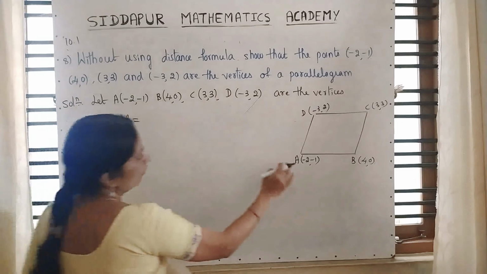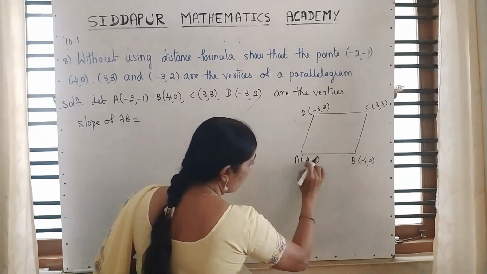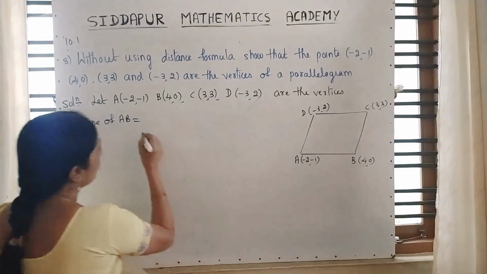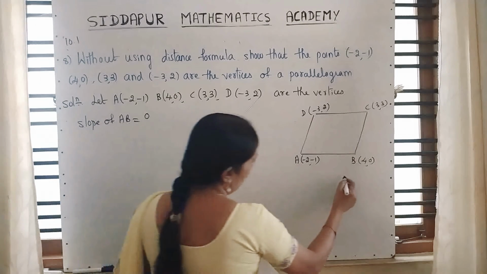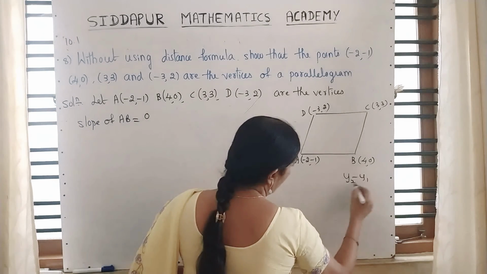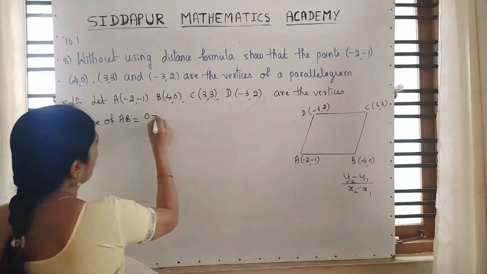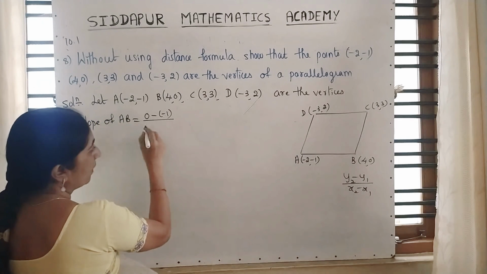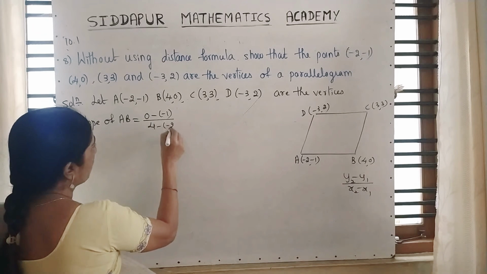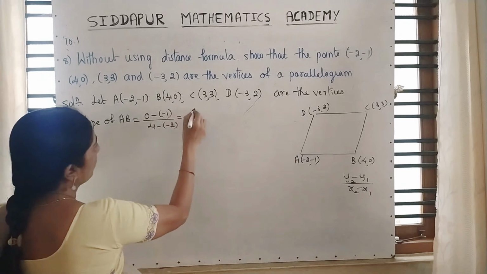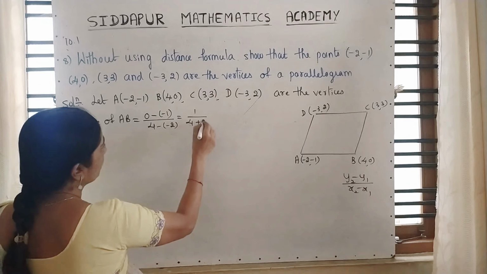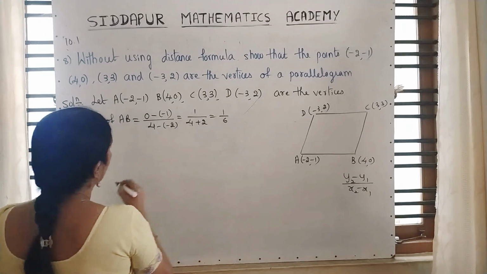This is x1, y1, this is x2, y2. For your reference, I will write the formula: y2 minus y1 upon x2 minus x1. 0 minus of minus 1 divided by 4 minus of minus 2. Minus into minus is plus. That is 1 by 6.